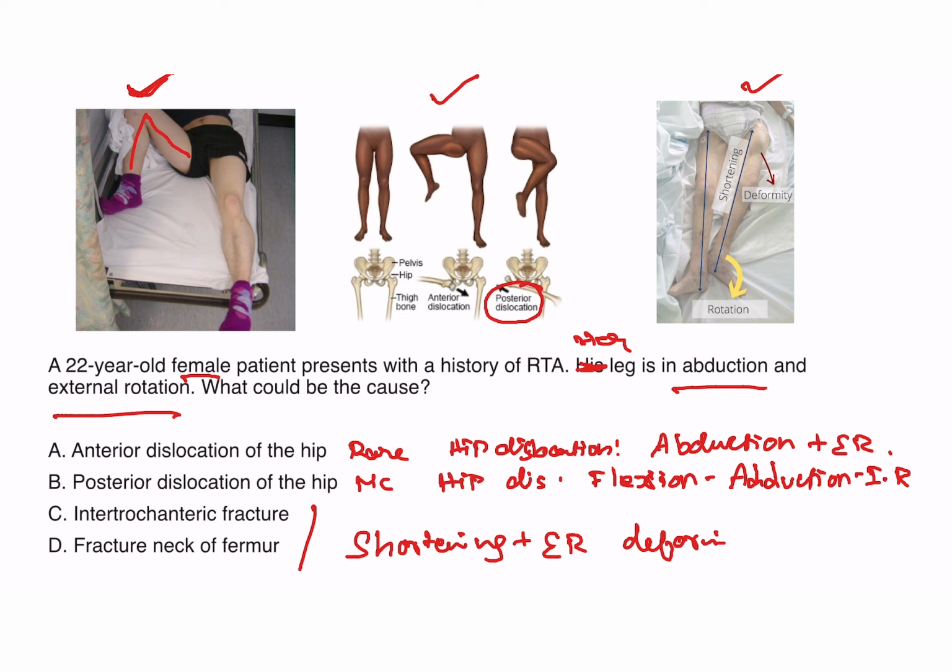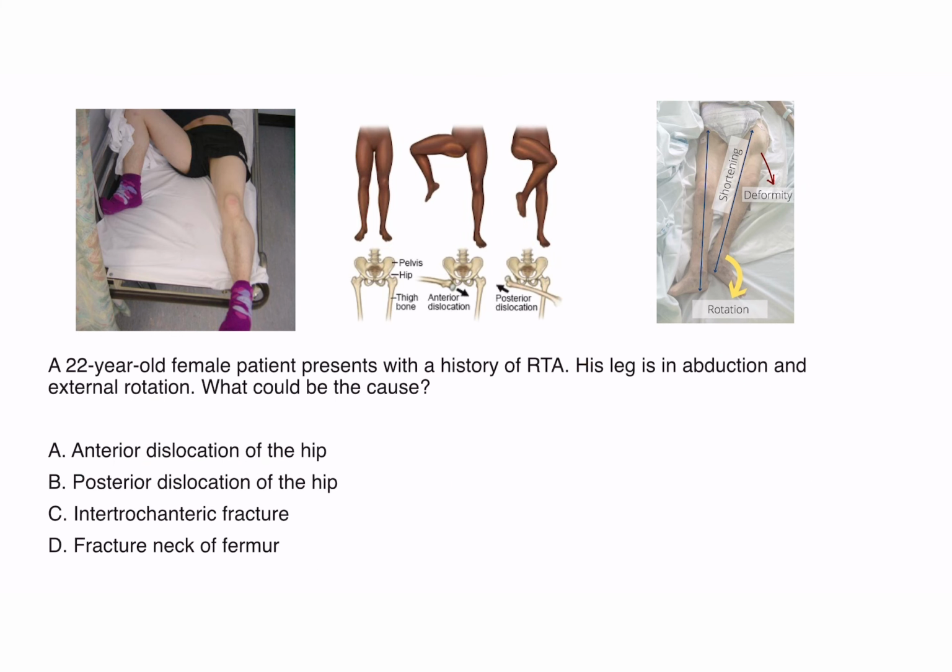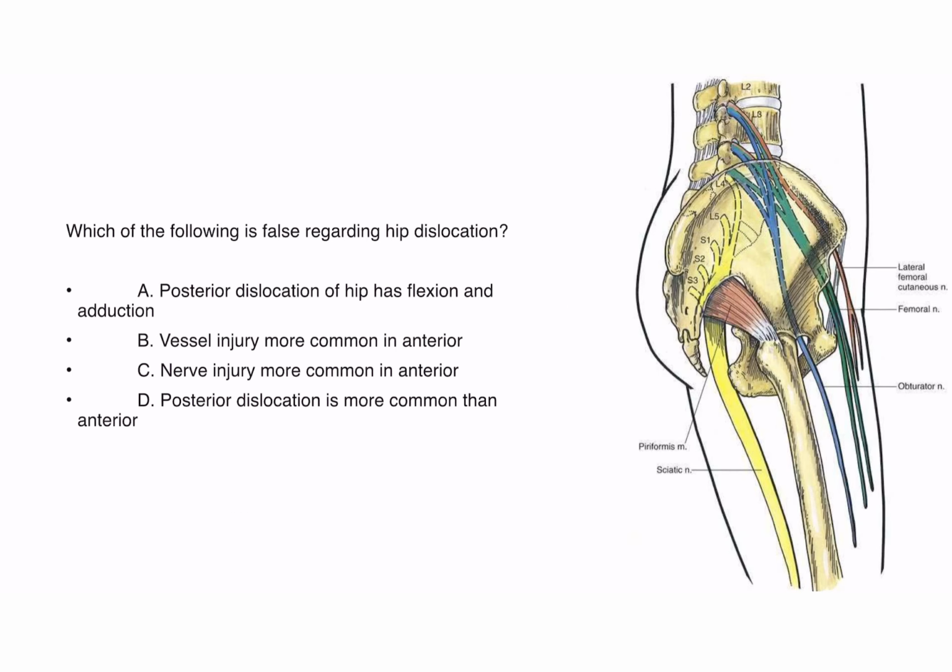So, although intertrochanteric and fractured neck of femur can have some amount of abduction and external rotation, shortening and a massive external rotation is a classical feature of an intertrochanteric or a fractured neck of femur, as explained in this picture, rather than a pure fixed abduction and external rotation deformity, which is a feature of an anterior dislocation of the hip. The next question is again from hip dislocation.